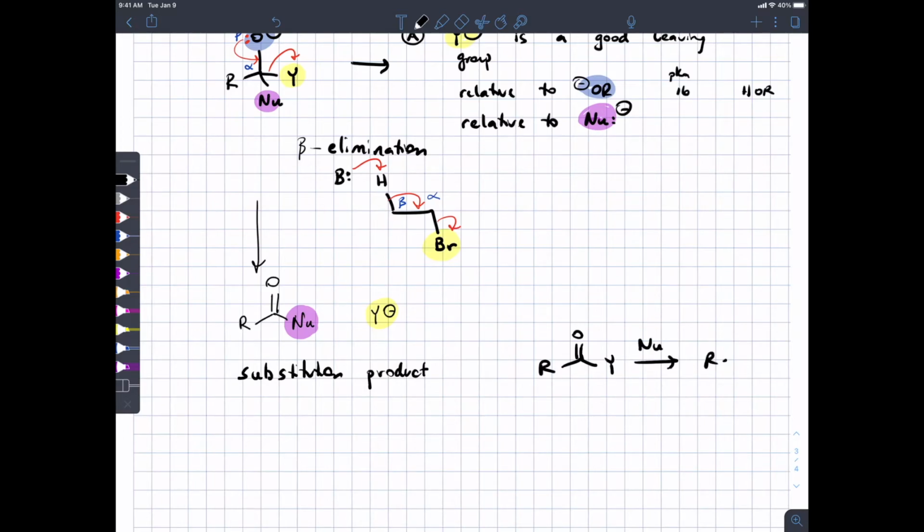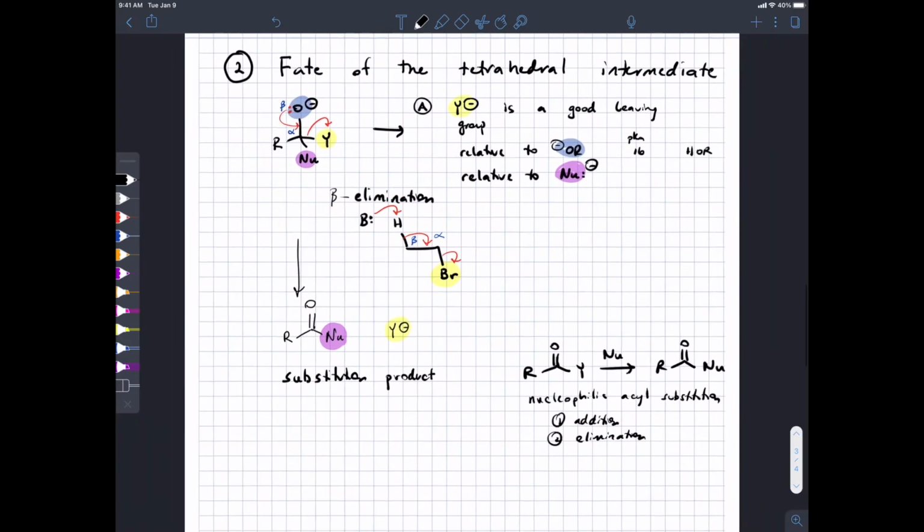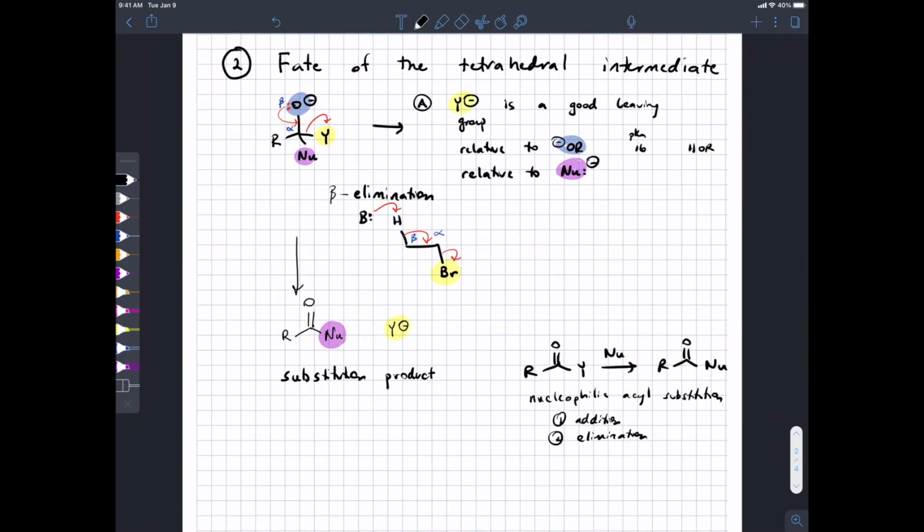We added a nucleophile, we replaced the Y group with the nucleophile. This type of reaction is called nucleophilic acyl substitution, but if you break it up into pieces, it's an addition step followed by a subsequent elimination step. So that's a huge class of reactions. We'll talk about some of them in chapter 13 and more of them again, I think, in chapter 15.